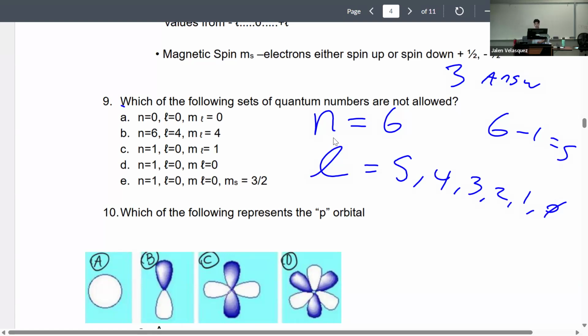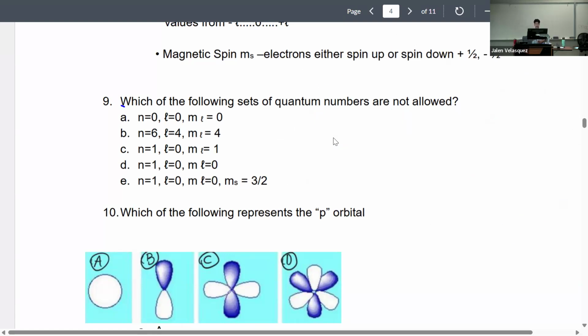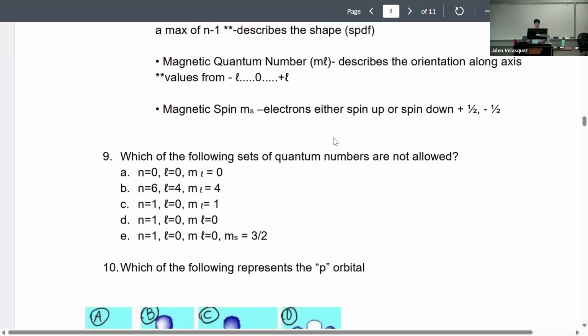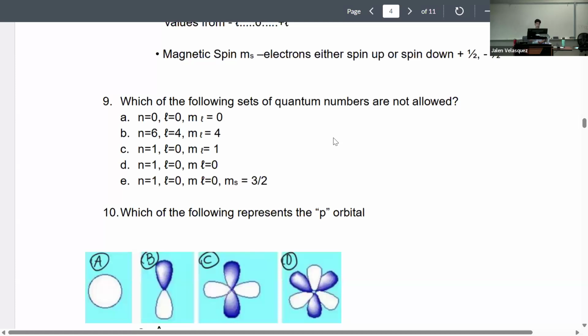Yeah, so good question. If you do that 2 times l plus 1, that's telling you the overall possibilities, right? So 2 times 0 plus 1 is 1. So there's one possibility.